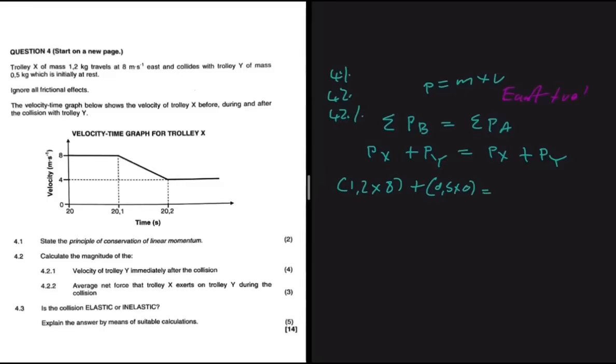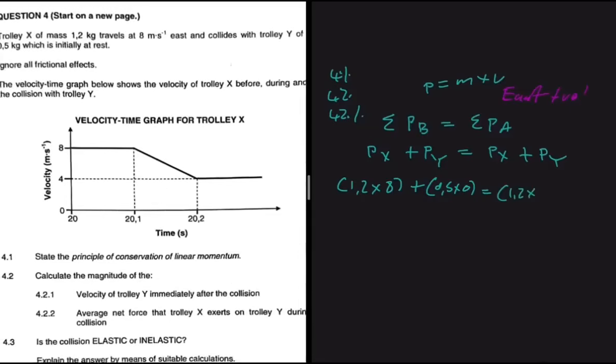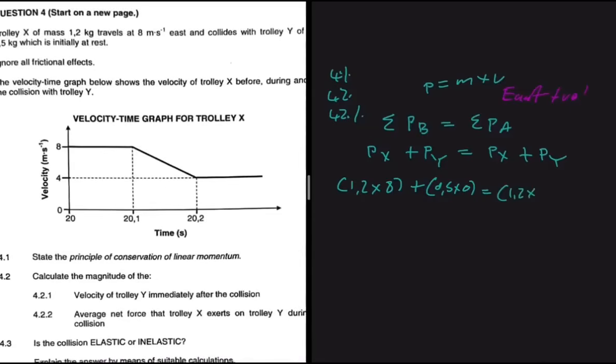This will be equal to the momentum after the collision of X. We have 1.2 multiplied by the velocity. The velocity is on the graph, right? Because here, this is the velocity before the collision, during the collision, and then immediately after the collision. So we have 4 then. And then plus 0.5 multiplied by the velocity of trolley Y, right?